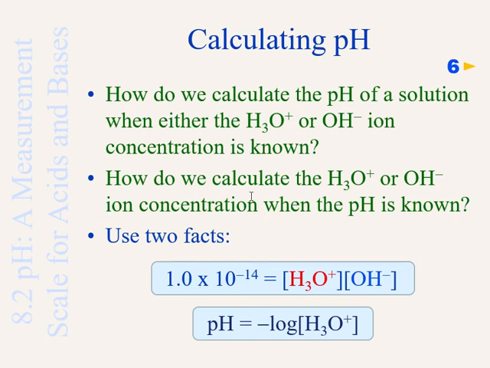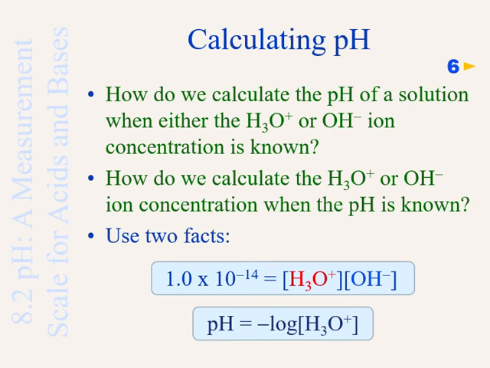So suppose you are given the OH- concentration in a problem, you can always find the H3O+ concentration by dividing this number by the OH- concentration, giving you the H3O+ concentration, and then plugging the H3O+ concentration in here to give you the pH.